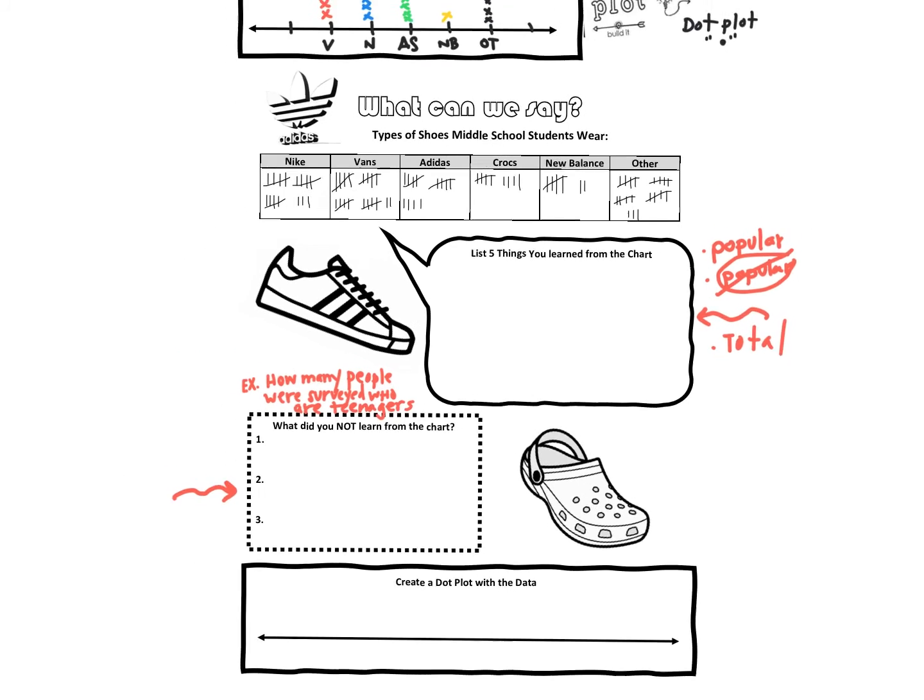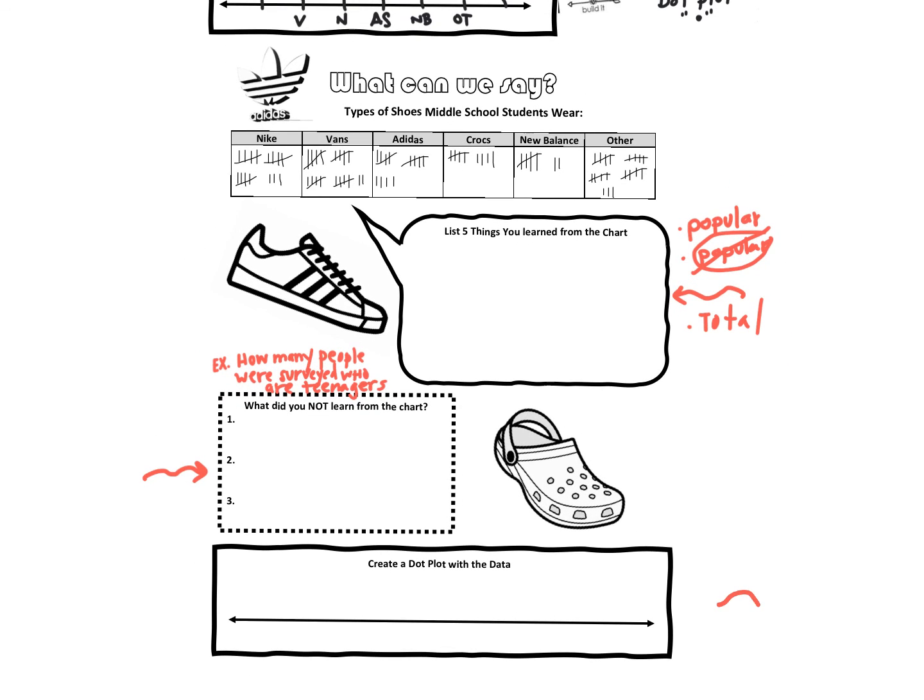So you need to finish these 3 things with the red arrows, but I would highly encourage you to start with a dot plot. And if you need more room, grab a piece of graph paper and create a dot plot on there. Don't forget, part of this is making sure you color in everything. So don't forget your titles, coloring all those extra things just to make it a little bit more inviting.